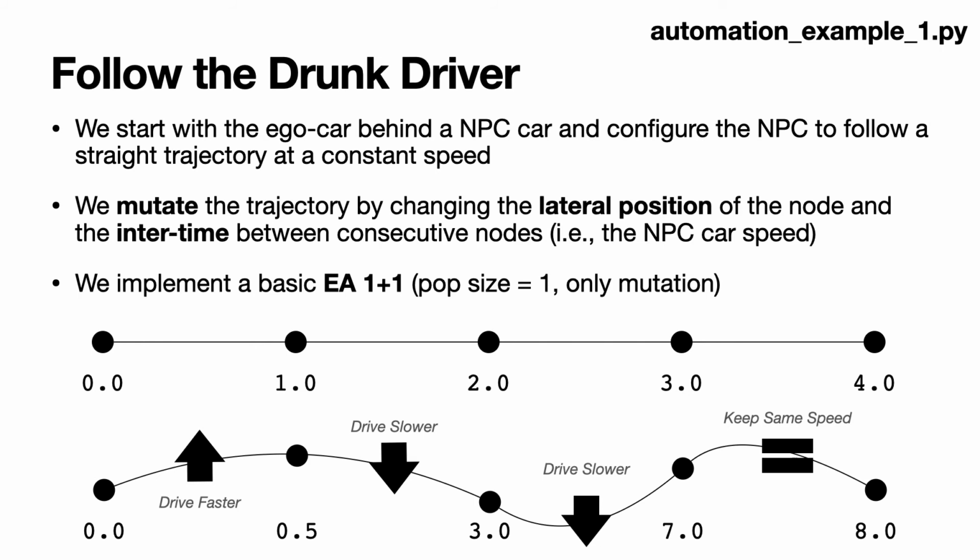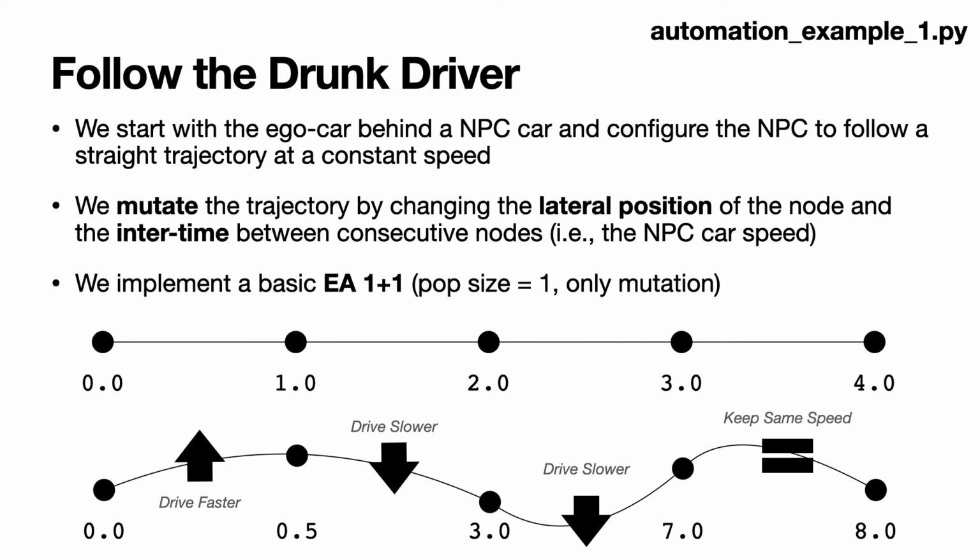And then we start mutating this trajectory by changing the lateral displacement of the nodes that form the trajectory and the time between the nodes to create some sort of wiggling or, let's say, weird driving behavior, as you may expect from a drunk driver.